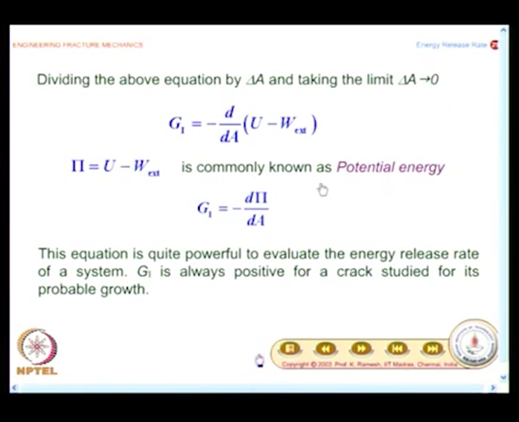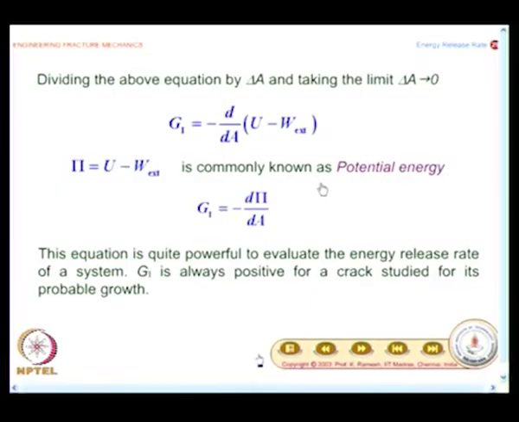You know, when you are trying to move away from continuum mechanics to fracture mechanics, people wanted to look at what parameters that you know in continuum mechanics, how they look like when you come to fracture mechanics. So, you would like to express the fracture parameter in terms of the quantities that we are accustomed to.